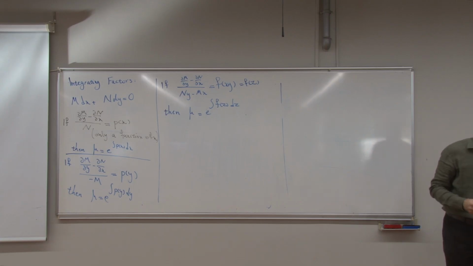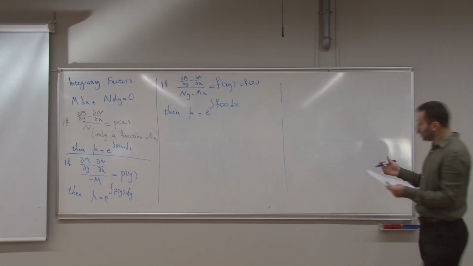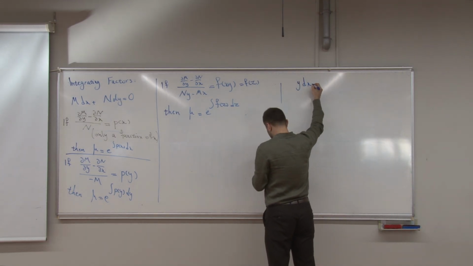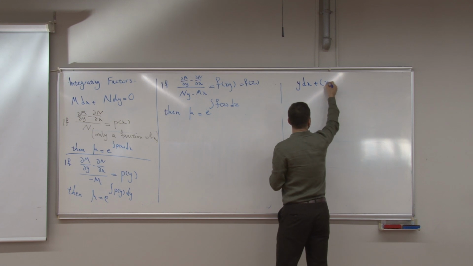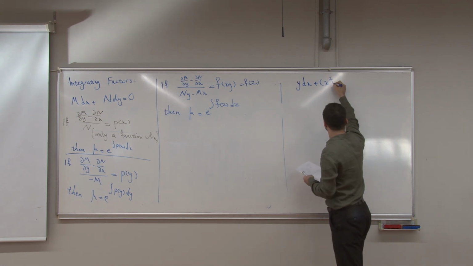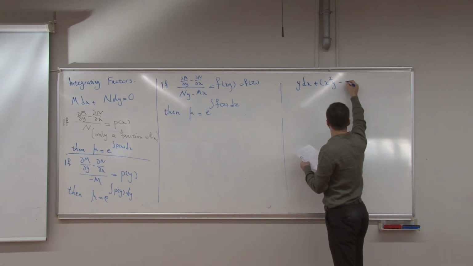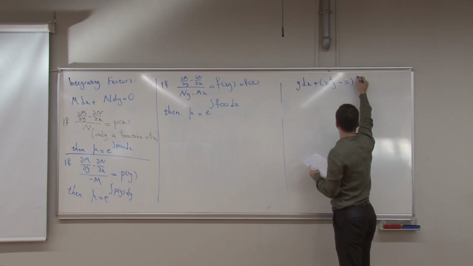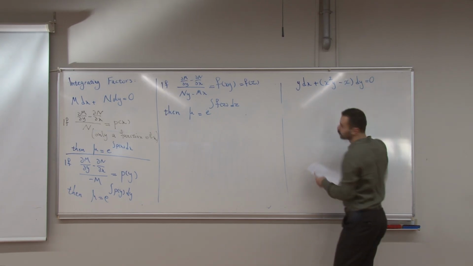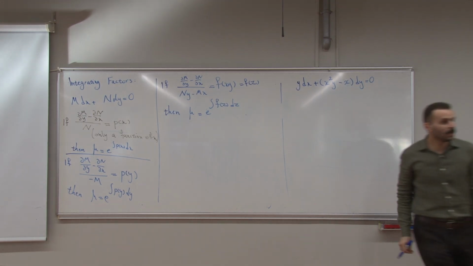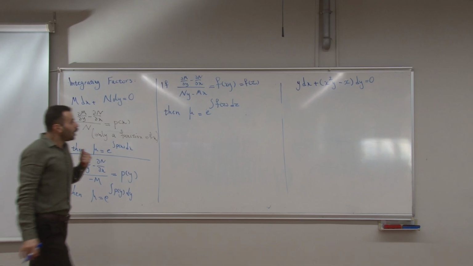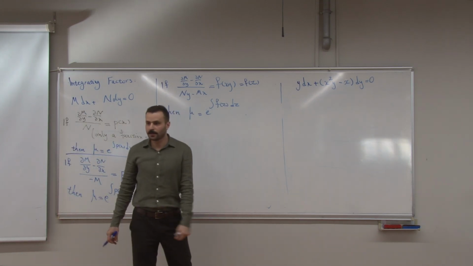What can I have? y dx plus x to the power of 2, y minus x, dy equal to 0. If we are given this equation, how can we solve it?